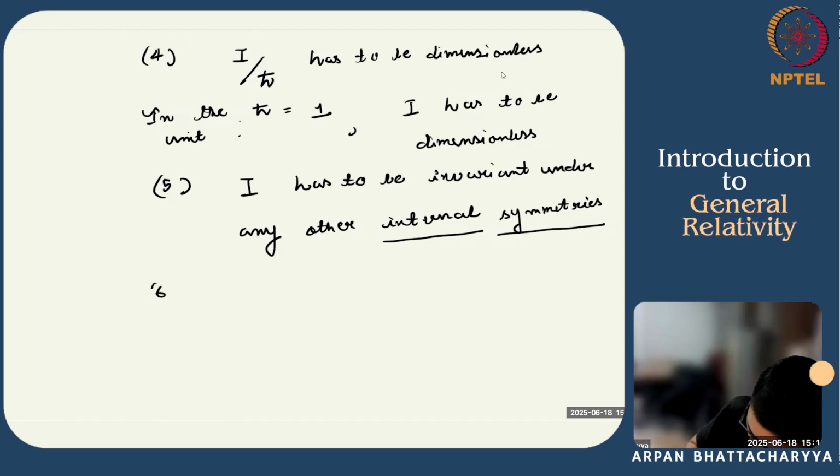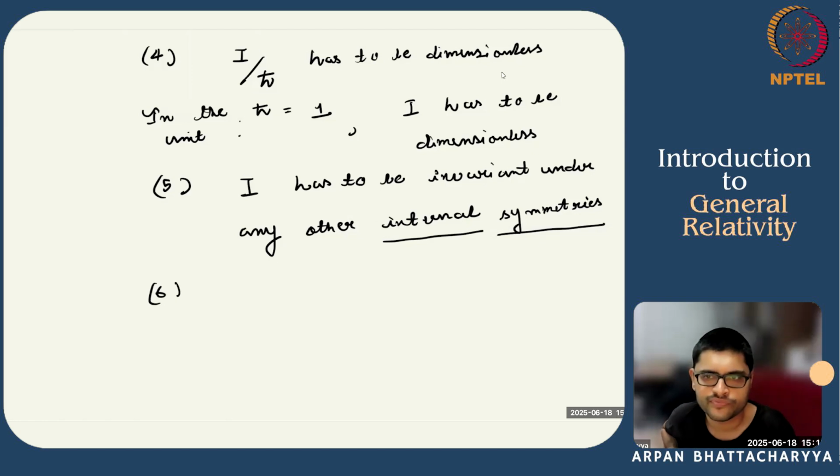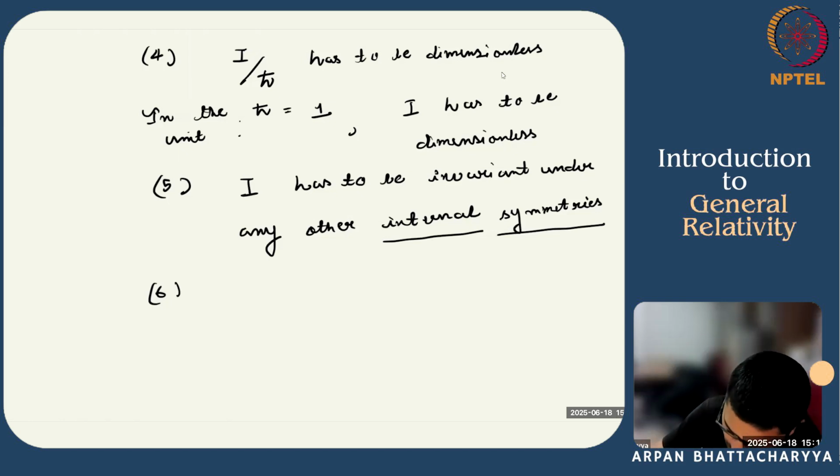There is one more criterion which is important, but it will not be relevant for our immediate discussion. For the sake of completeness, I'm going to write it down here.